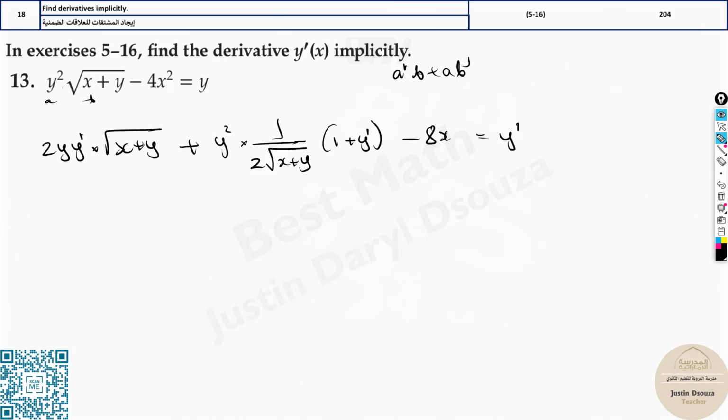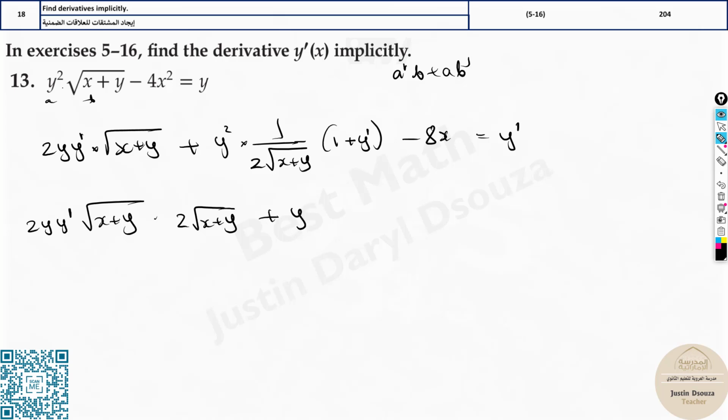Now let's try to rearrange. Since denominators are not desirable generally, I'll multiply by 2 square root x plus y throughout. So it's 2y prime square root x plus y, and this entire thing is multiplied by 2 square root x plus y.